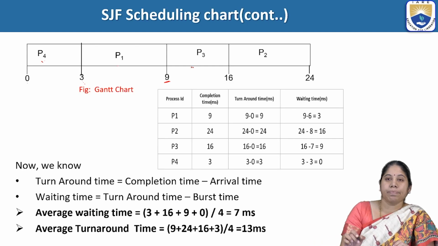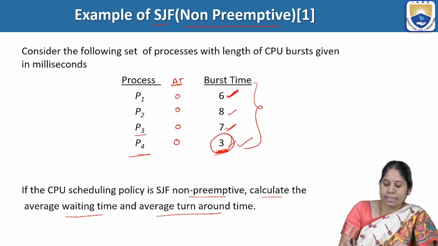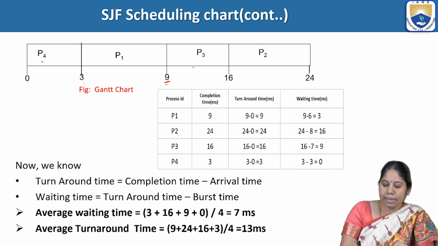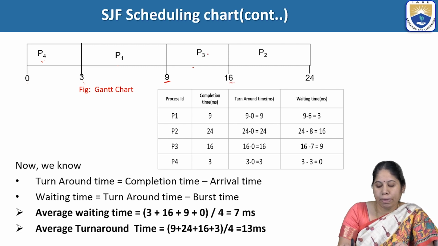So P3. What is the burst time of P3? P3 is 7. So 9 plus 7, it is 16. How much time is P3 waiting? P3 is waiting in the queue till 9 milliseconds, because P3 arrived at 0 and waited in the ready queue till 9.